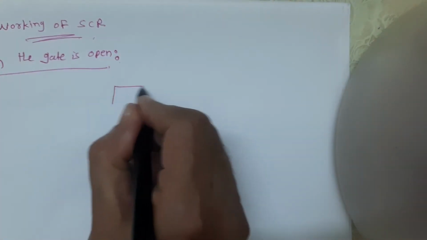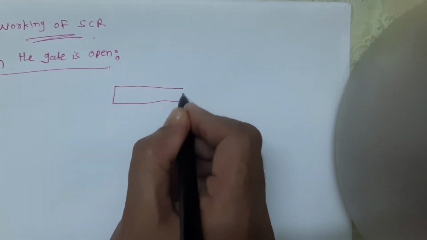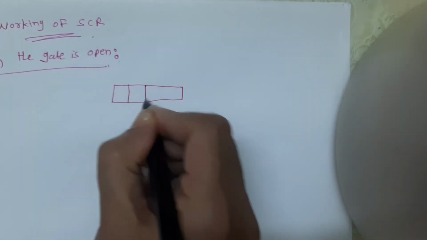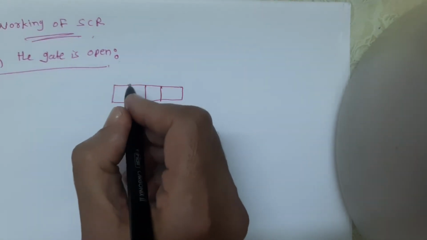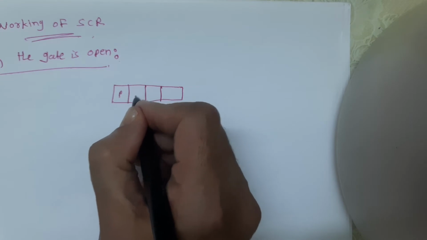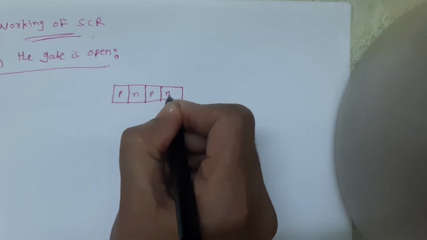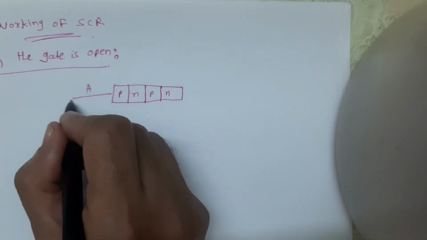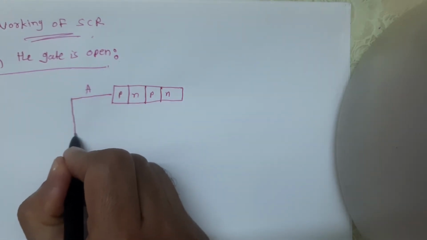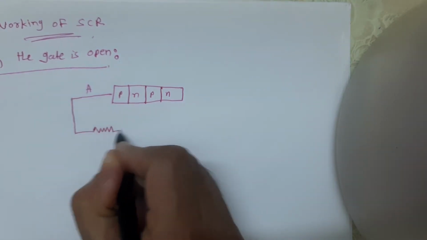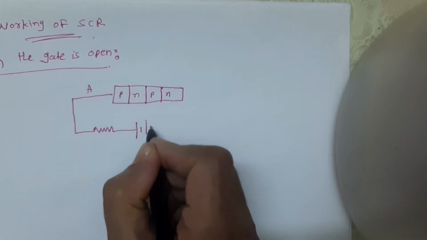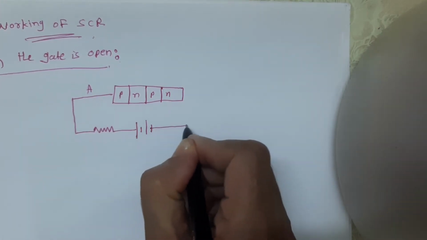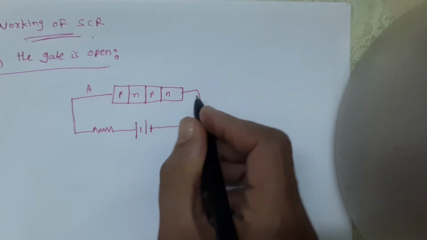This is your anode, connected with the load, at positive potential with respect to the cathode. This is your cathode.